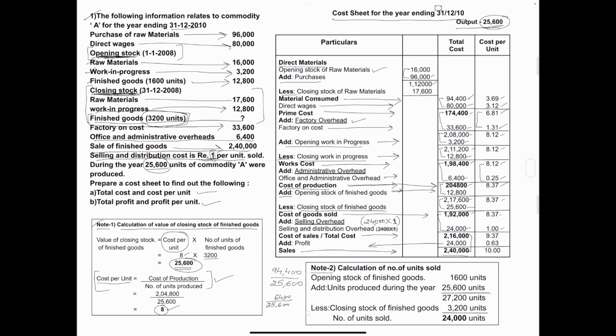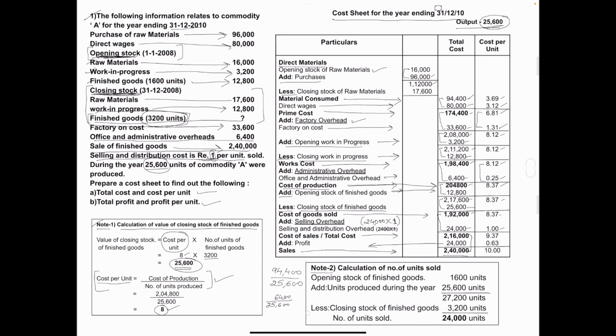For cost per unit, total amount, sales amount is 2,40,000 divided by 24,000. Here sales amount 2,40,000 should be divided by 24,000 and not 25,600. 25,600 is the output, number of units produced. But for sales we have to divide it by number of units sold.